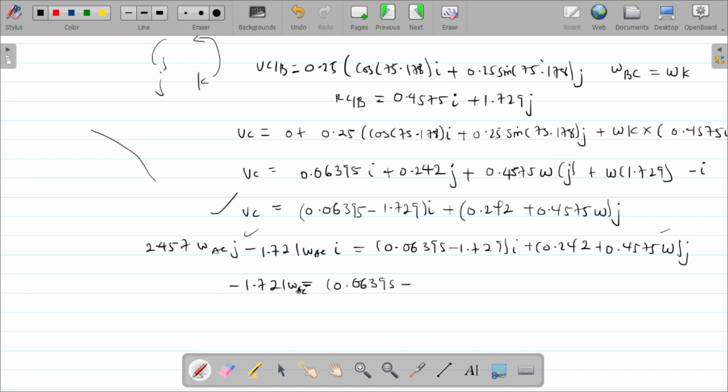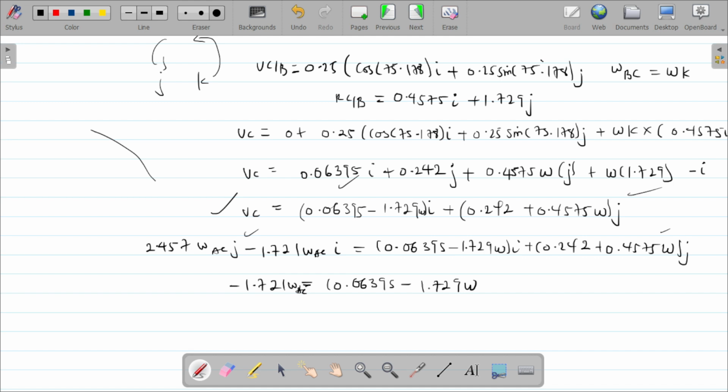When we're grouping the i's, this is an i and this is an i, so there should be an omega here as well: 1.729 omega.